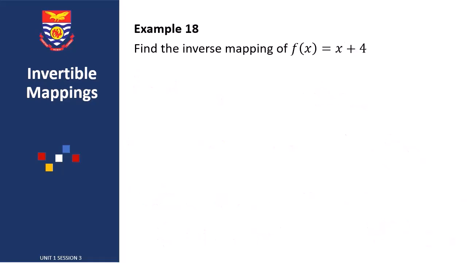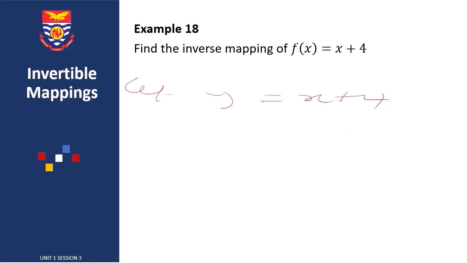So the next example: find the inverse of the mapping f of x equals x plus 4. We follow the same procedure. We write the given function as y equals x plus 4. So let y equals x plus 4.